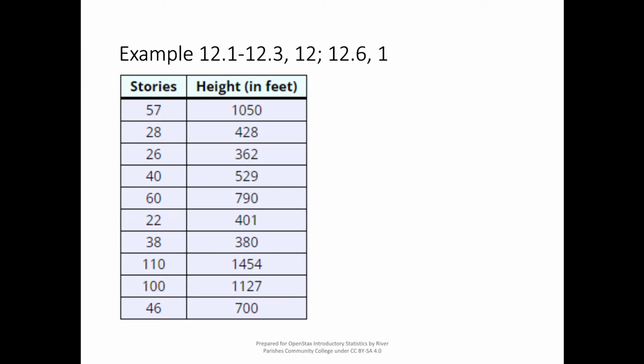We're going to put this data in our calculator, run the linear regression test on it, look at the residuals, and then run an actual hypothesis test on it. Give yourself a minute there and put that data in your calculator. And I'll show you how to find all the residuals.